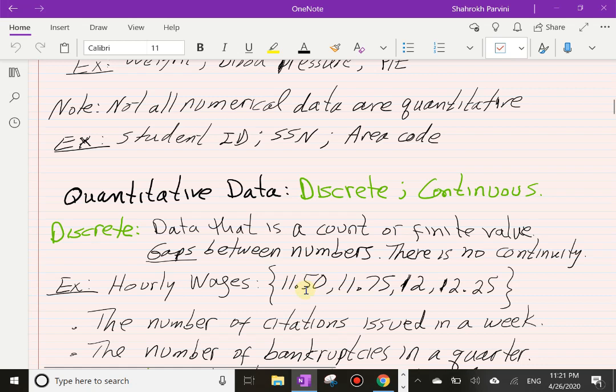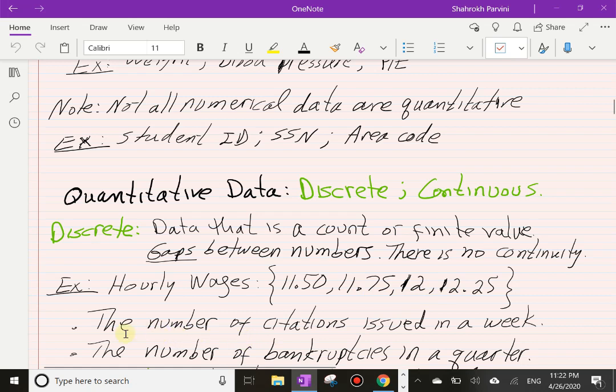But these are all finite values, so they qualify as discrete data. And the gap we're talking about between numbers: you have 11.5, and there's nothing between 11.5 and 11.75. The next number on the number line appears precisely at that discrete point, 11.75, and so on.